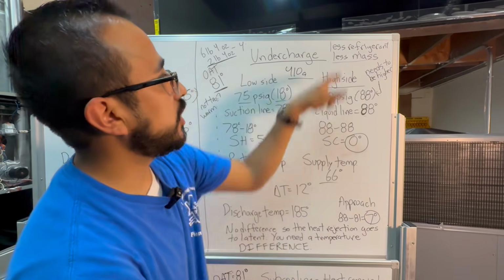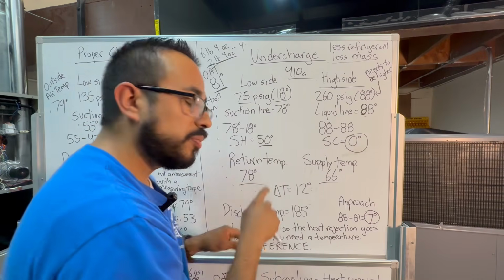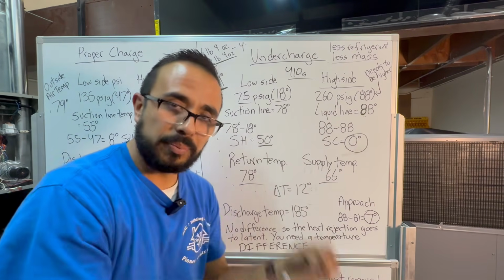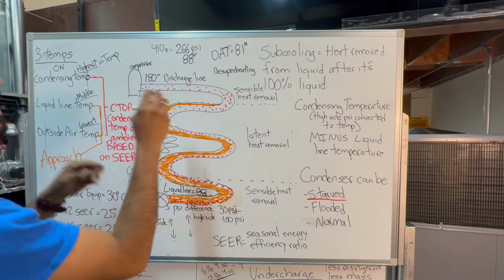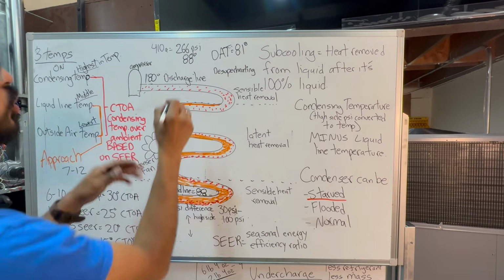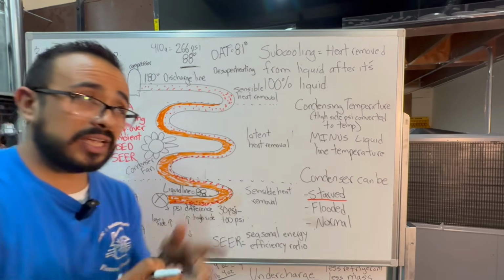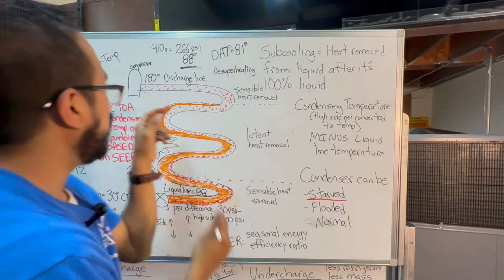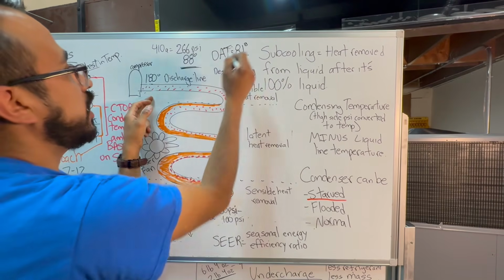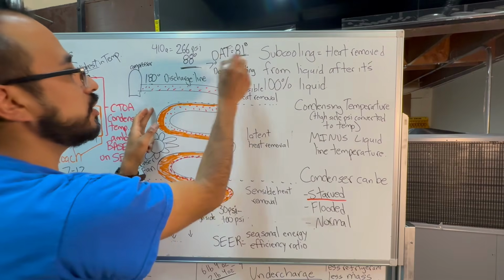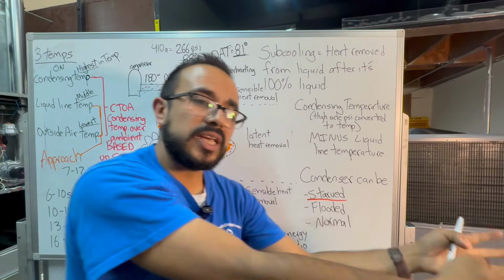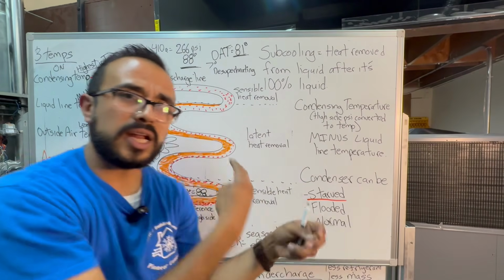And going back to the same concept, right? There needs to be a difference in temperature. So when you go here, because my condensing temperature is 88 degrees, it's not high enough, right? And my outside air temperature was 81. There's a little bit of heat rejection, only 7 degrees. So a lot of that heat rejection, I'm trying to reject heat, and it is.